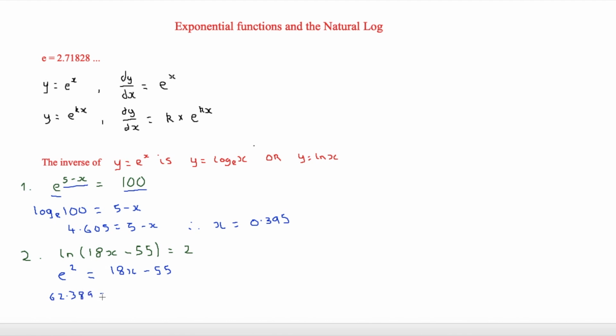And that's equal to 18x, which means that x is equal to 3.466.